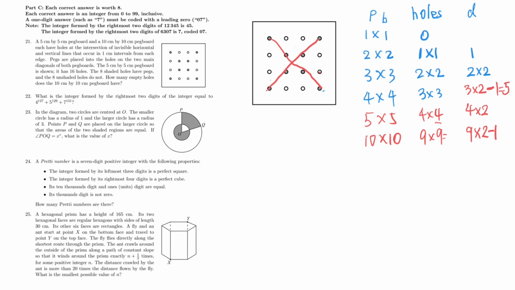So how many are empty? We just use 9 times 9 minus the main diagonal with the pegs. So that's 81 minus 2 times 9, 18, minus 1, 17.